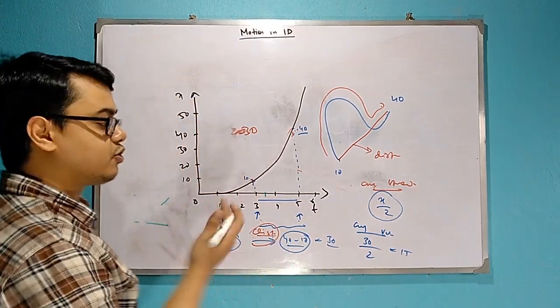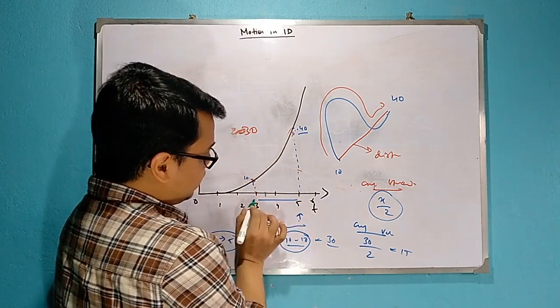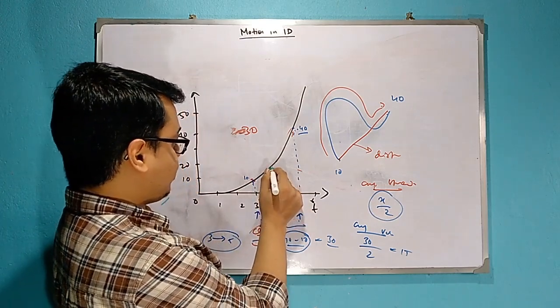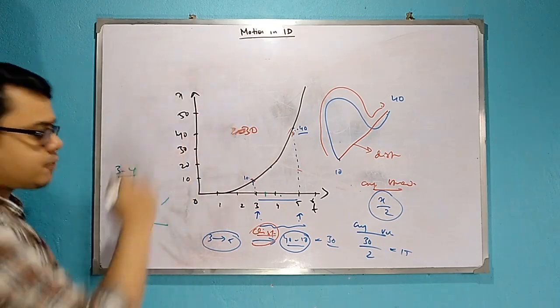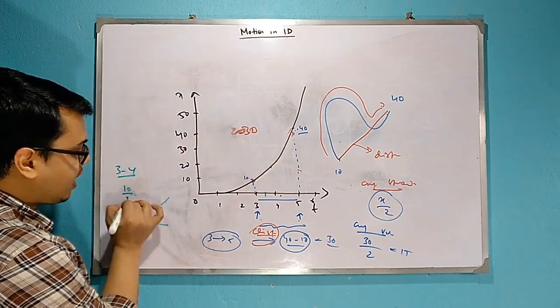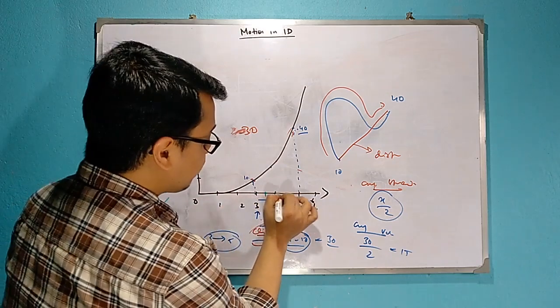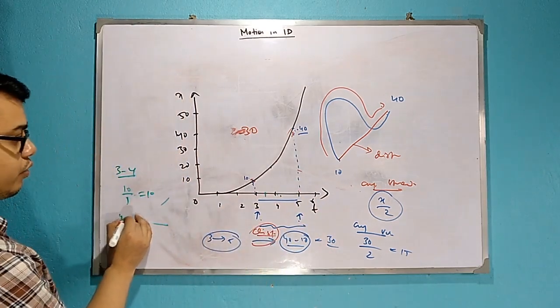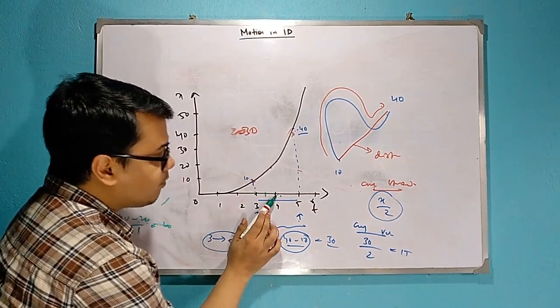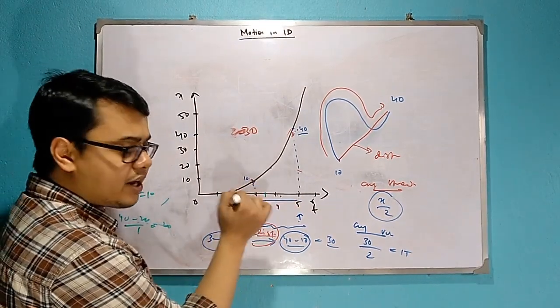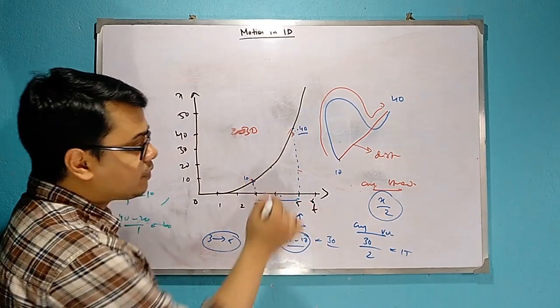That means, what is the velocity? Suppose at 3 it was at 10 and at 4 it was at 20. So between 3 and 4, the rate of change of displacement is 10 by 1, that is 10. But for 4 to 5, the change is 40 minus 20 by 1, that means 20. Between 3 and 4 it changes at rate 10, but between 4 and 5 the change is 20.